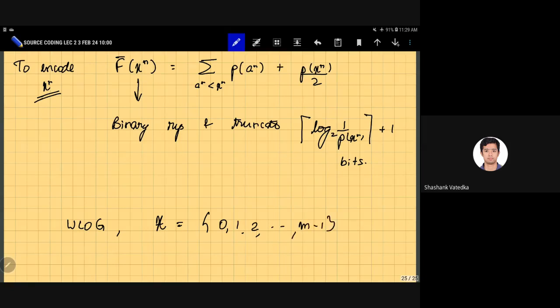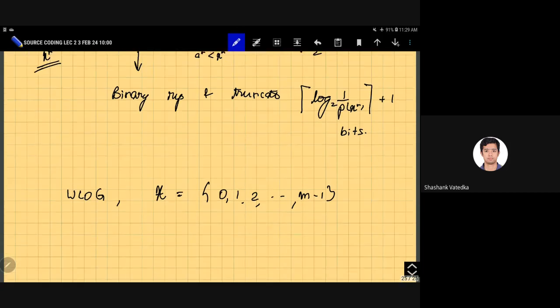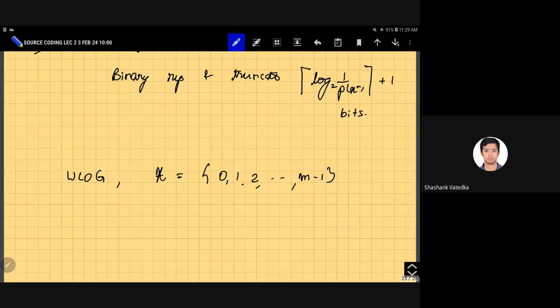Suppose that the alphabet has m symbols, then we can always, in any arbitrary fashion we want, map these symbols to the first m non-negative numbers. So for example, if you want to encode English letters, then this would be 0, 1, 2 up to 25. Okay, so this is going to be our alphabet.